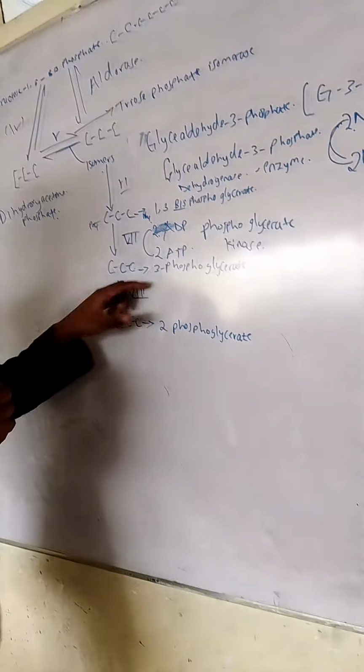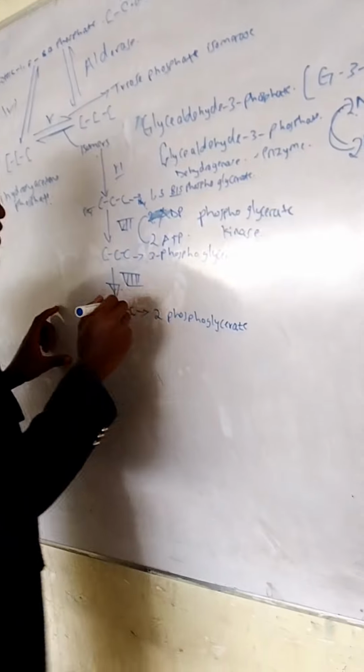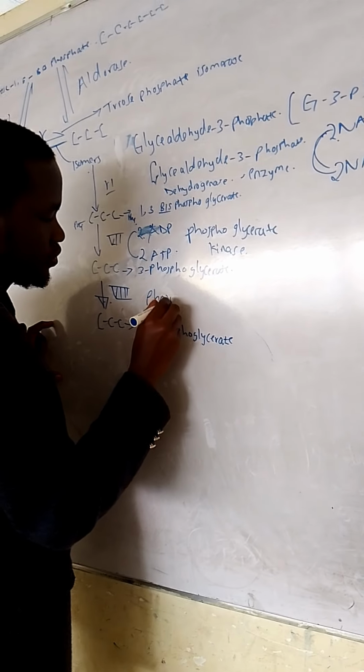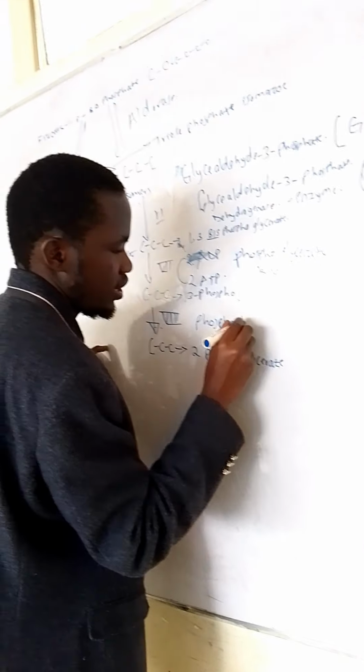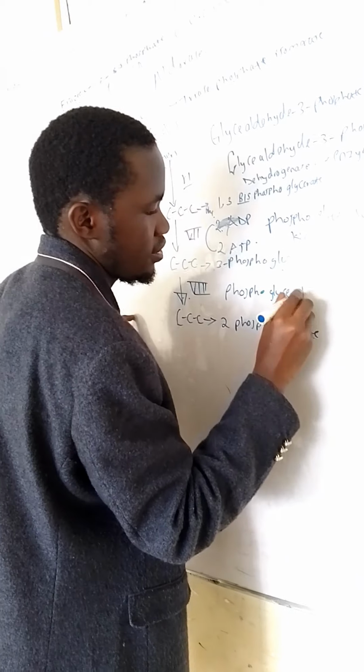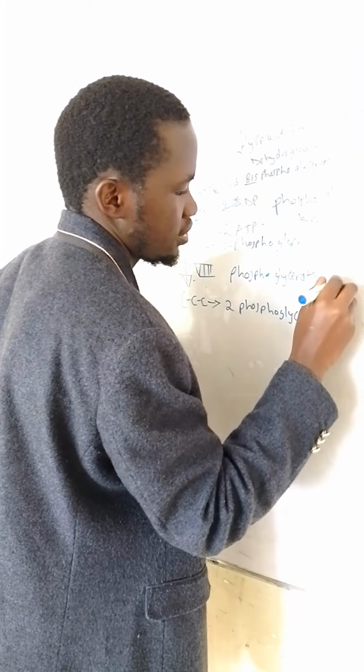And the enzyme that facilitates this process is called phosphoglycerate mutase.